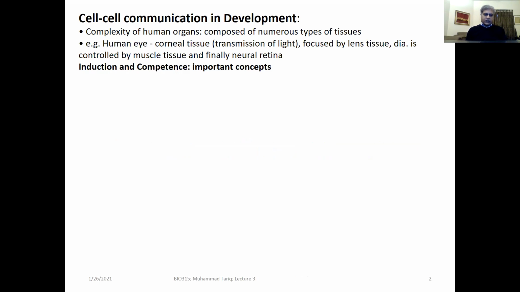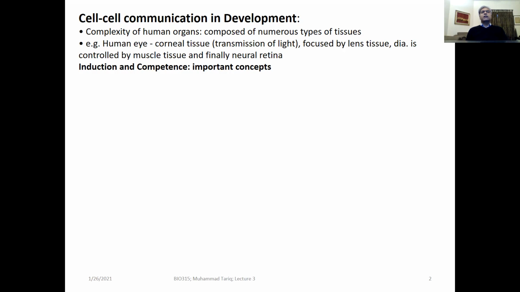As you all know, in multicellular organisms, different specialized cell types are formed, which eventually contribute to the formation of organs. And the complexity of human organs, or organs in a multicellular organism, is that they are composed of numerous types of tissues.